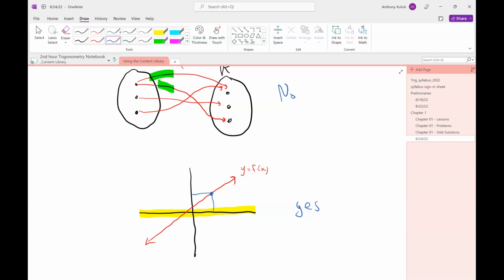Now, when we're given a graph, we don't care so much that every x is used because the domain of the function we draw doesn't have to be all real numbers. Right? So you're just really checking to make sure that the x's are used only one time, the ones that are used. Is everybody okay with that?